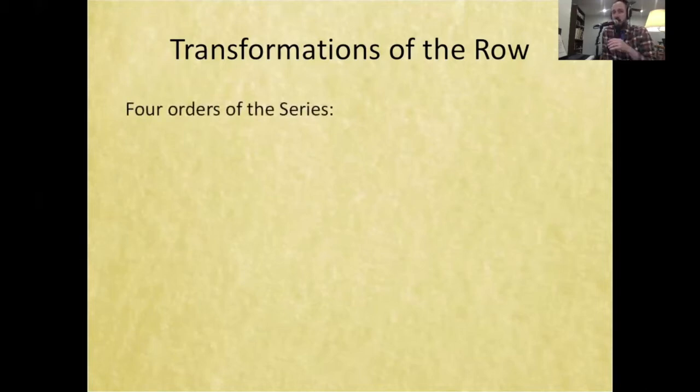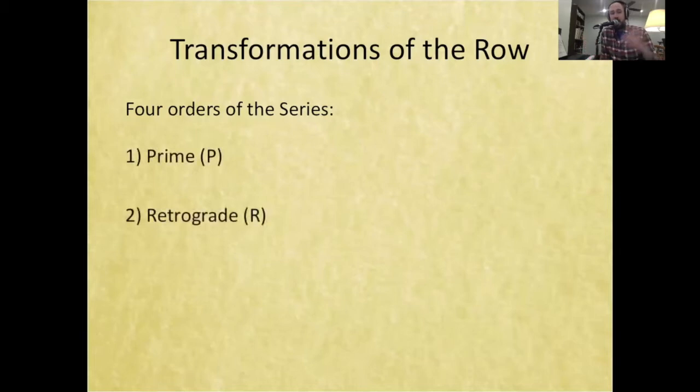And we actually end up with these four really critical ways that we can order the series. We take our series order and we can do it in these four orders. So the first we call prime, and then we get down into some of the more unusual ones.